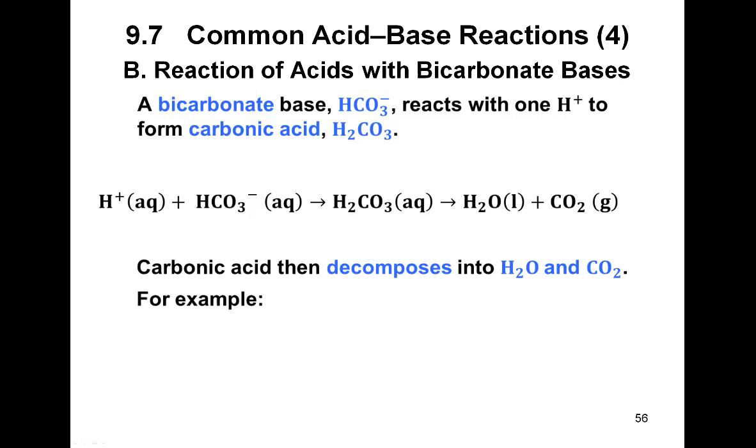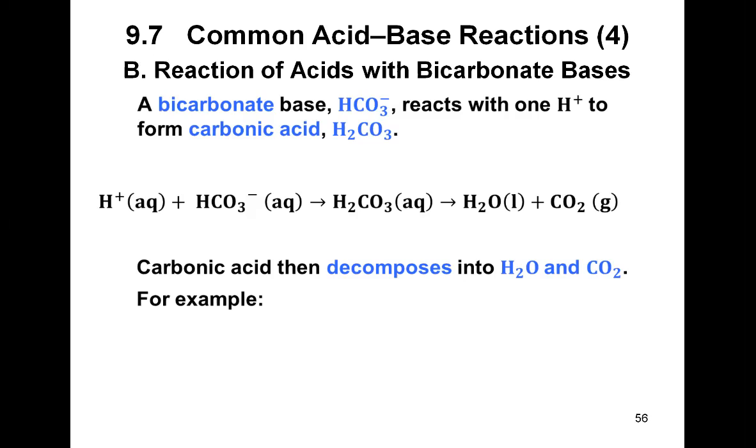On the left side, we have H plus and HCO3 negative 1. When the H plus combines with the bicarbonate, we obtain the carbonic acid. And one thing you may already know is that the carbonic acid is not stable and decomposes into water and carbon dioxide.